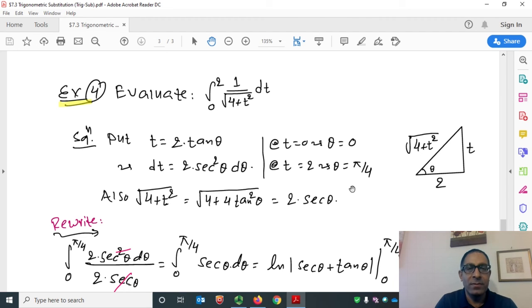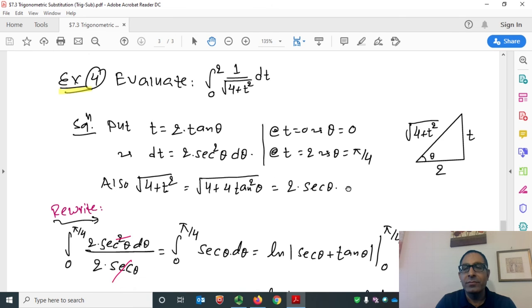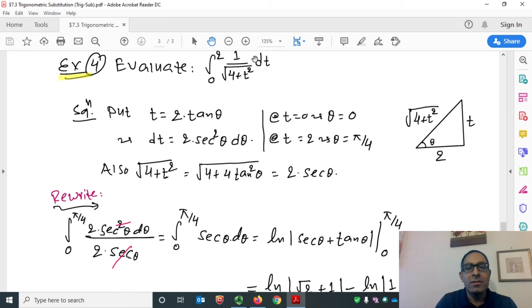So in the next step, let's rewrite the given integral in terms of theta. So one more computation here for my denominator. So radical 4 plus t squared equals radical 4 plus 4 tan squared theta. Then we can pull the 4 outside the radical, which becomes simply 2.